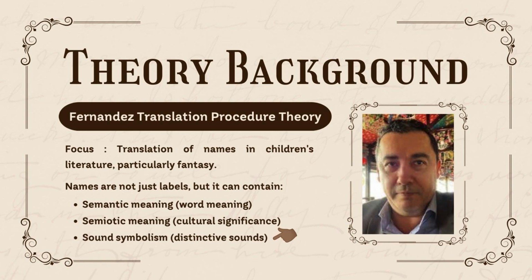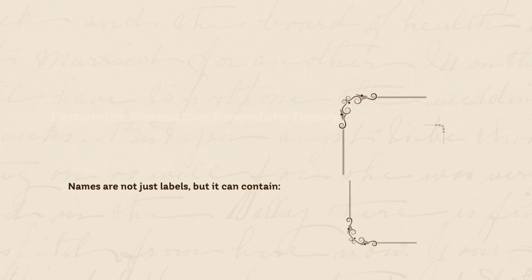Then the last one. According to Matthews, sound symbolism refers to the use of specific sounds or features of sounds in a partly systematic relation to meanings or categories of meaning. Therefore, he believes that names have a fundamental role in creating comic effects and portraying characters' personality traits, which will often guide the reader throughout the plot of the story.